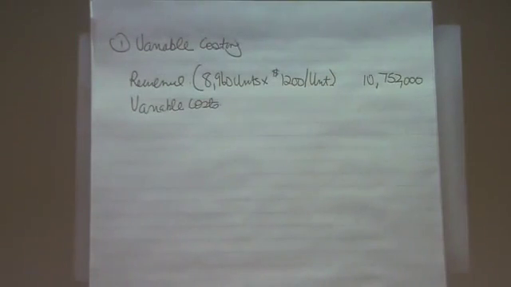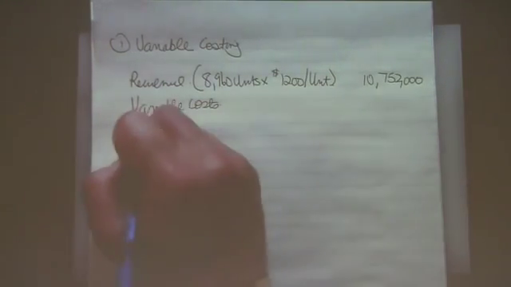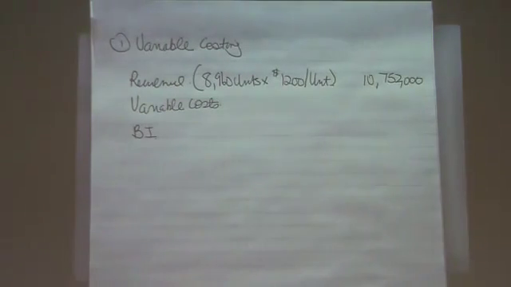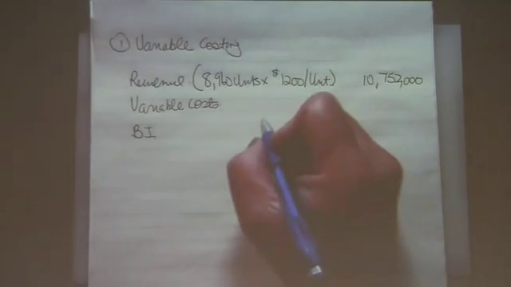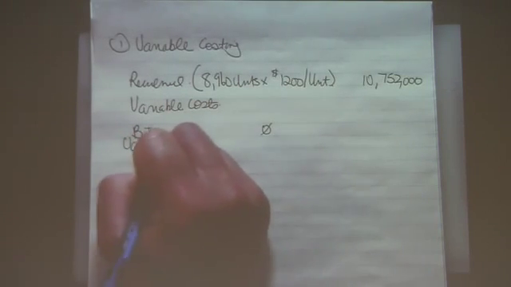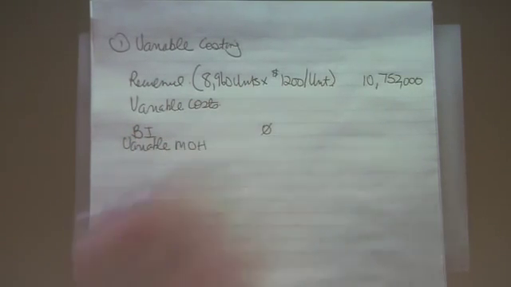Now, again, we want variable cost. Let's start with the manufacturing cost first. Beginning inventory. We were told that this is new. In 2013, it produced a new router, so the beginning would be 0. Then we need to add the variable manufacturing overhead, MOH for short. So how do we calculate the variable cost?